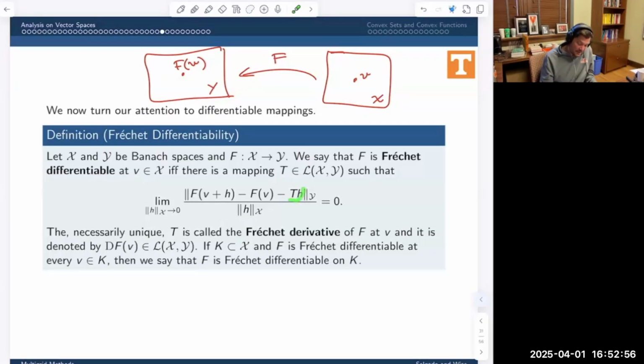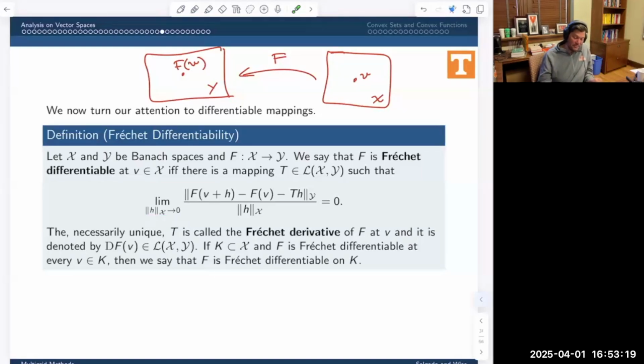This is our target derivative. If all of the stuff on the top, when measured in the Y norm and then divided by the norm of H, has limit 0 as H goes to 0, then we say that F is Fréchet differentiable.